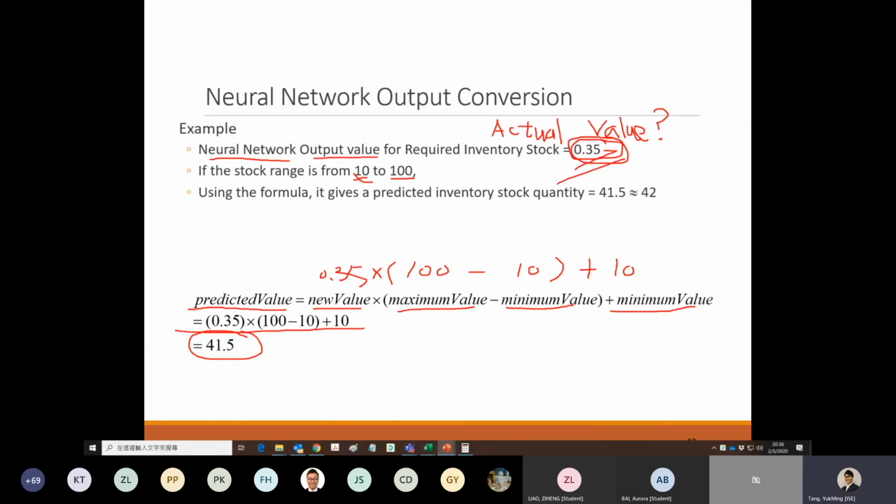The actual value can be converted by using this equation. And finally, we calculate that the actual value is equal to 41.5.